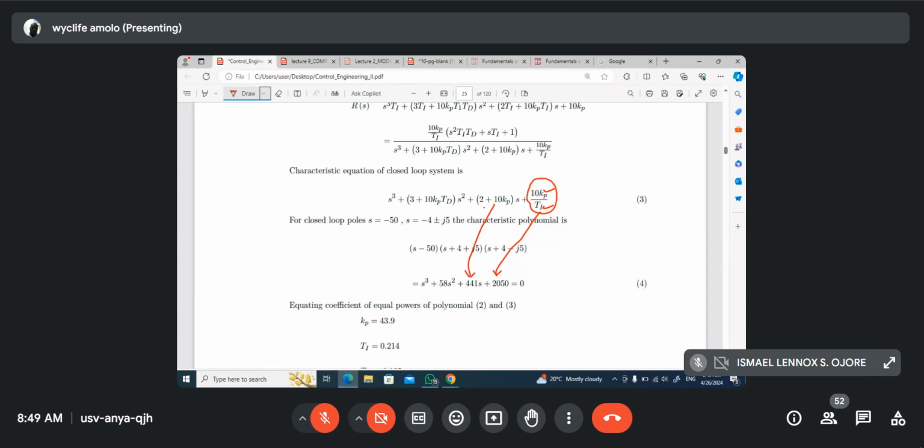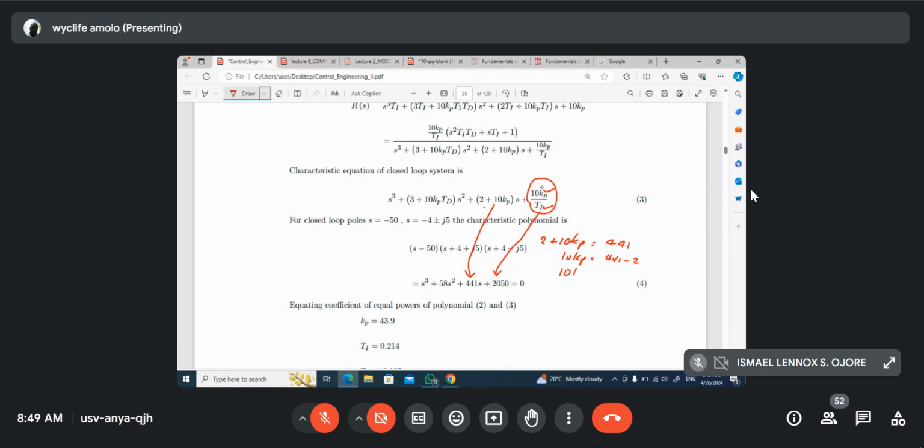So, 2 plus 10 kp is equal to 441. Then 10 kp is equal to 441 minus 2.